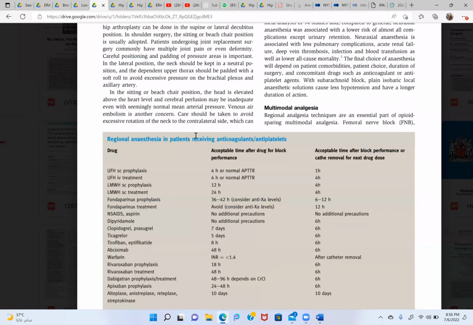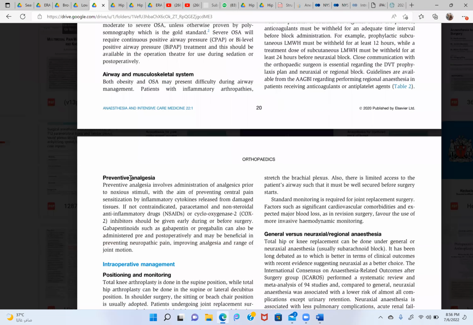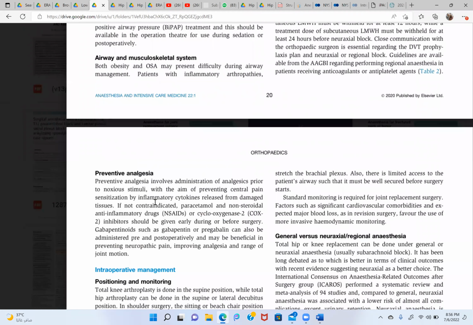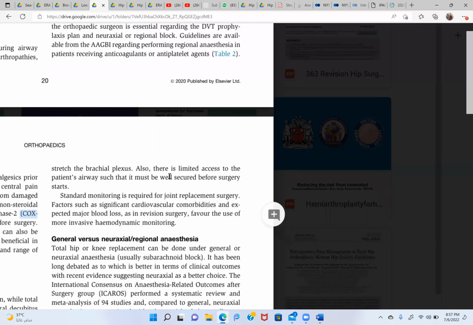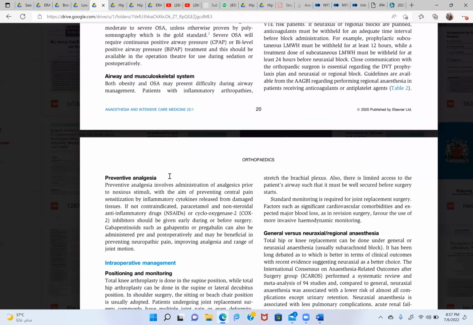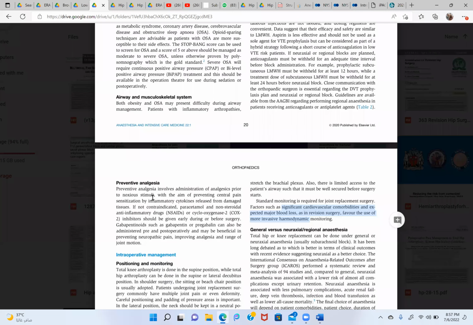Actually, in some places you will find preemptive analgesia and preventive analgesia similar, like they have written here. Just have a look. They have written preventive analgesia as what I was telling you as preemptive analgesia. Preventive analgesia involves administration of analgesics prior to noxious stimulus, with the aim of preventing central pain sensitization by inflammatory cytokines.